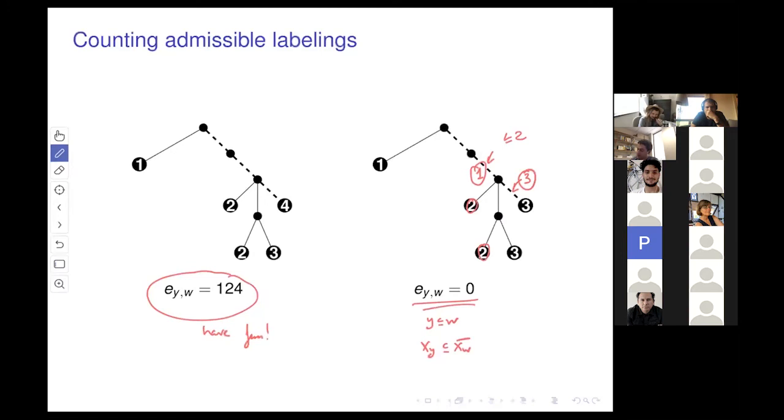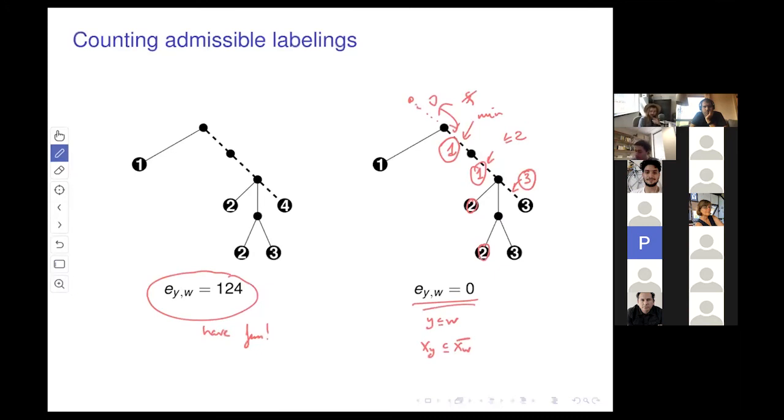And then one of the conditions was that the label on an odd edge is determined as the minimum of labels on smaller edges. So this guy has to take the value 1. And because of this other imaginary label of 0, these two have different parities. So this shows that it's impossible to find any admissible labeling for this pair Y, W.